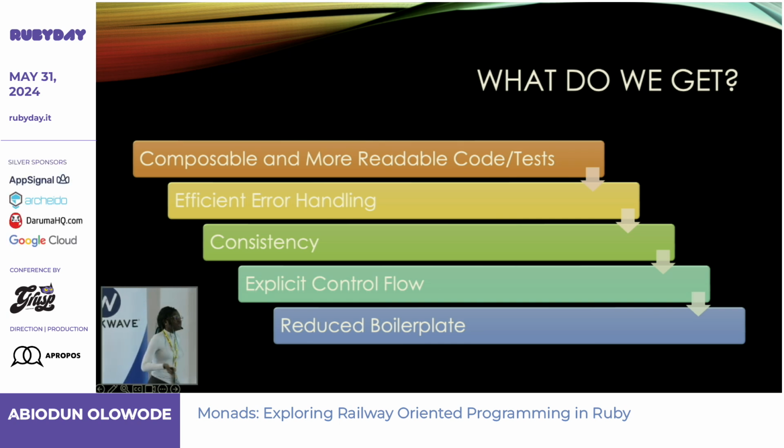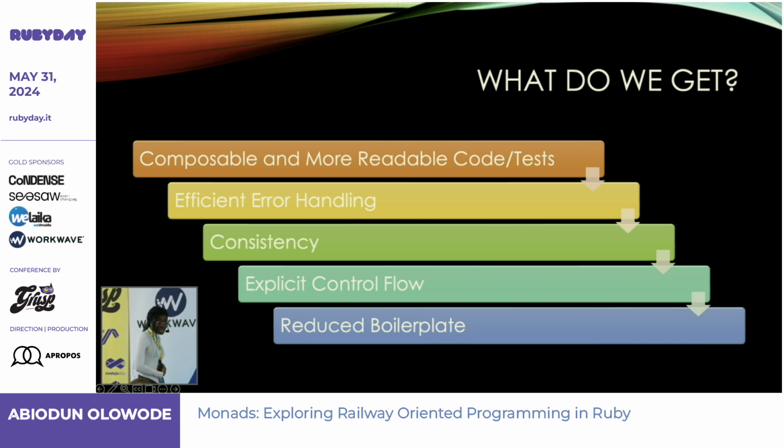Explicit control flow and reduced boilerplate. Some people would not agree because of the binds. But we have dry monads that have implemented a do notation. And you can use yield. I personally don't like it. I should have created code snippets for that. In our case, you would have yield validate user.